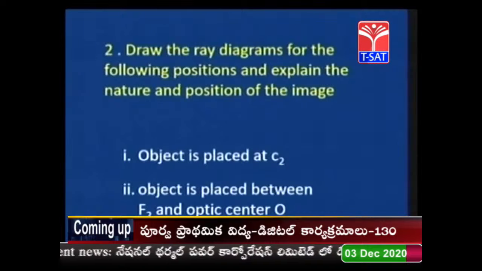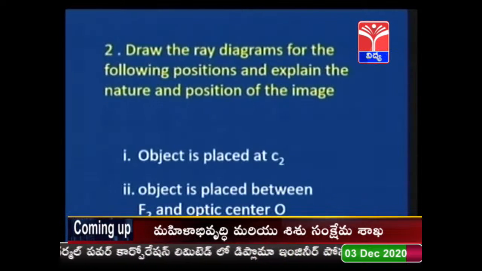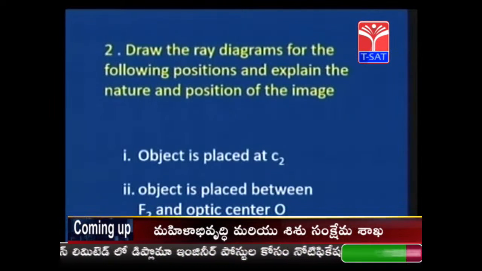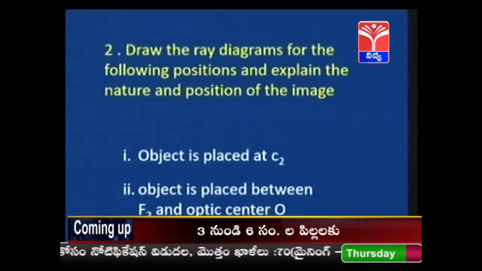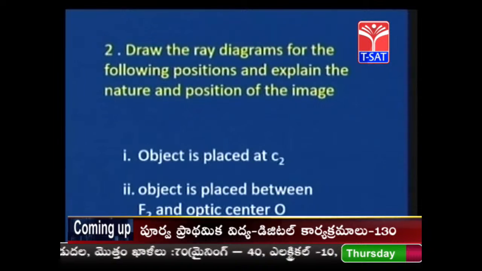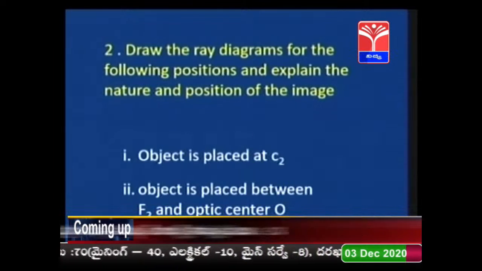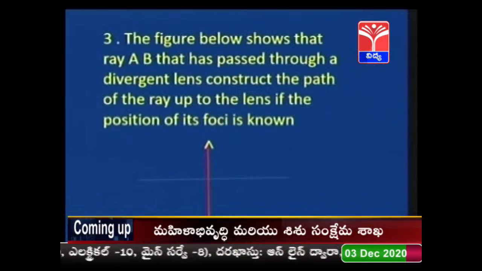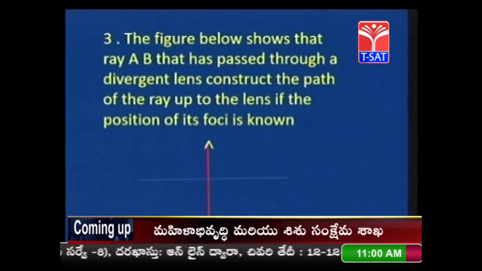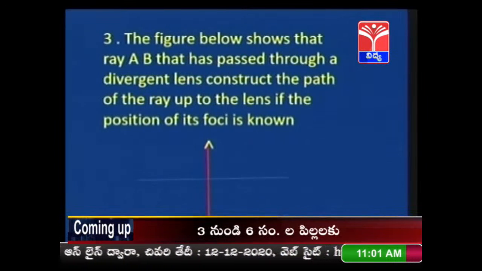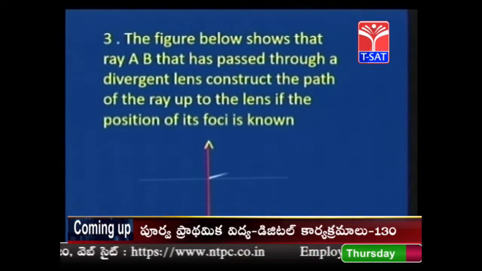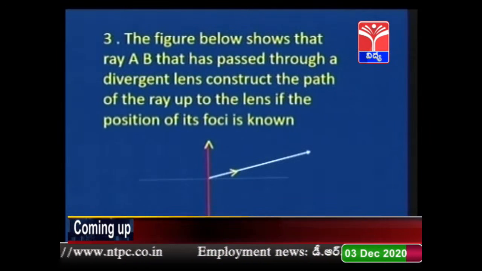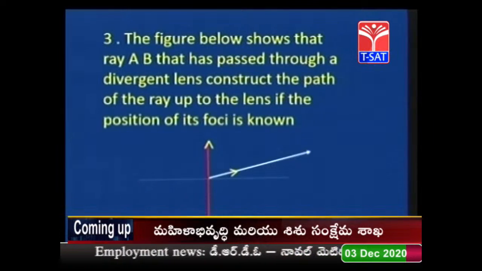Try to draw the ray diagrams for the following positions and explain the nature and position of the image: when the object is placed at C2, and when the object is placed between F2 and optic center O. Third question: the figure below shows a ray AB that has passed through a divergent lens. Construct the path of the ray through the lens if the position of its foci is known.